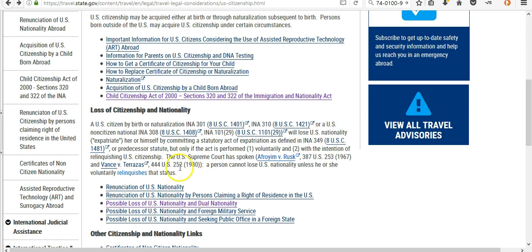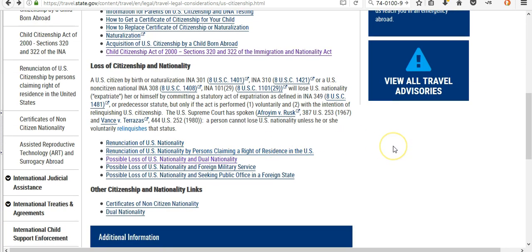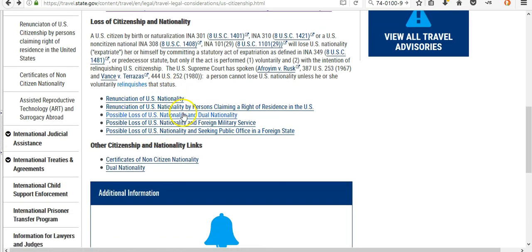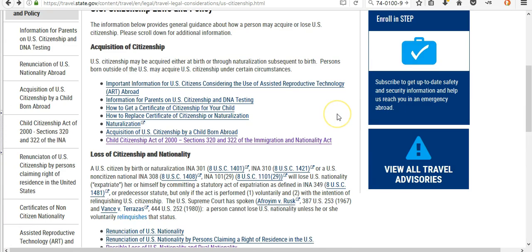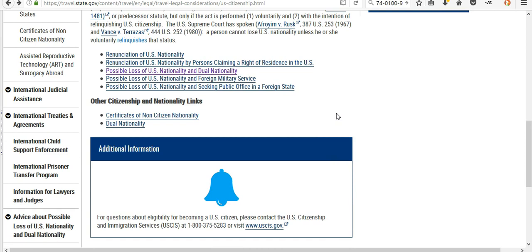The U.S. Supreme Court has spoken. All right, my bad, I have to repeat stuff to make sure people understand it. The significance of these statements: a person cannot lose U.S. nationality unless he or she voluntarily relinquishes that status. All right. So this is why we have to be talking to the Department of State when we're talking about status correction.